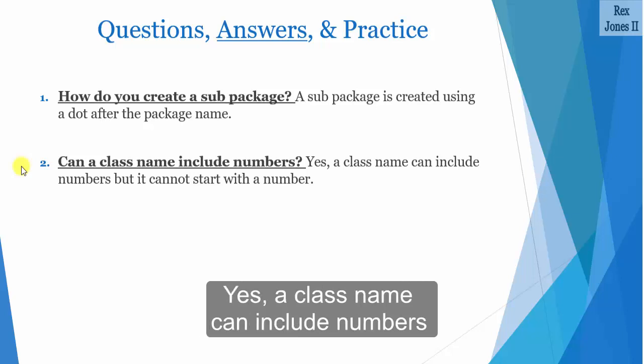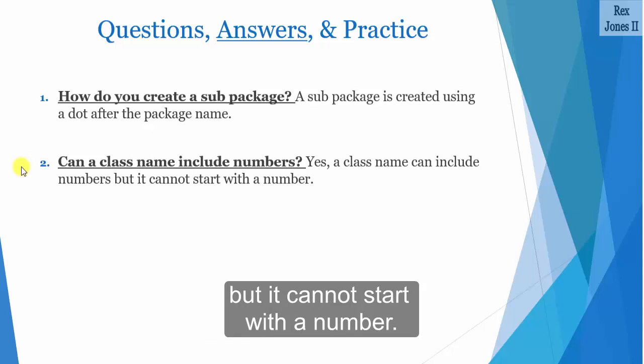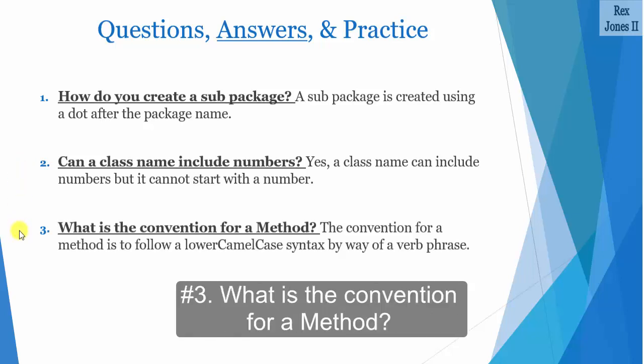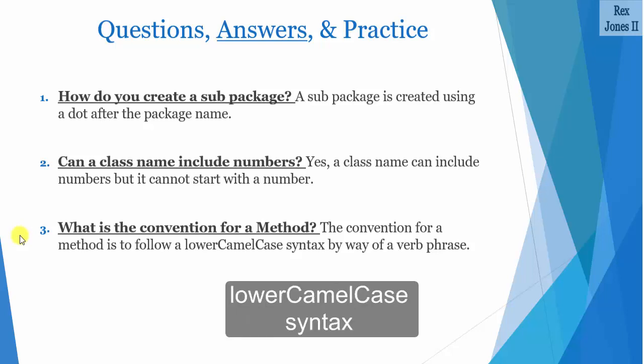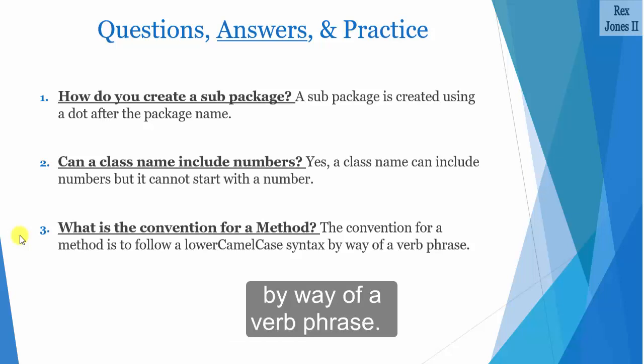Yes, a class name can include the numbers, but it cannot start with a number. Number 3, what is the convention for a method? The convention for a method is to follow a lower camel case syntax by way of a verb phrase.